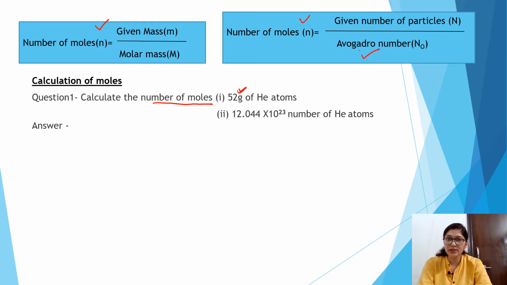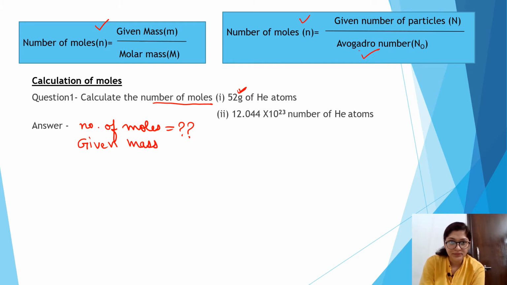What is given to you? Here it is given that we have to calculate the number of moles. And what is given? Given mass is 52 grams, right?